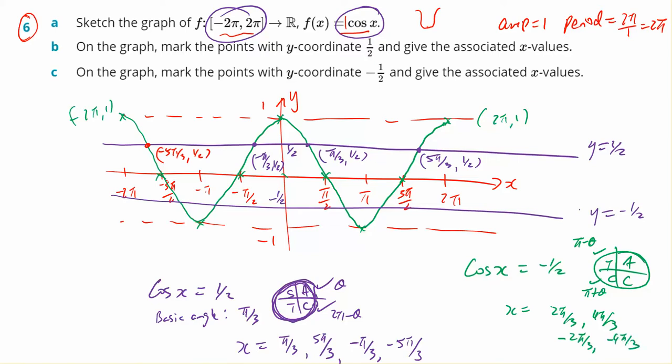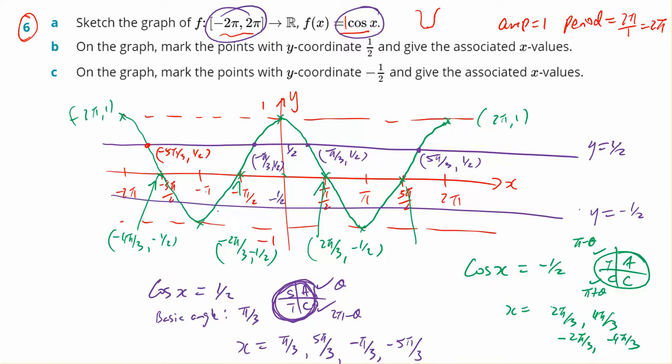Okay. So all you need to do now is just label them. So this would be negative 4 pi on 3, negative half. This will be negative 2 pi on 3, negative half. This will be 2 pi on 3, negative half. And finally, okay, I'm labeling the wrong places.